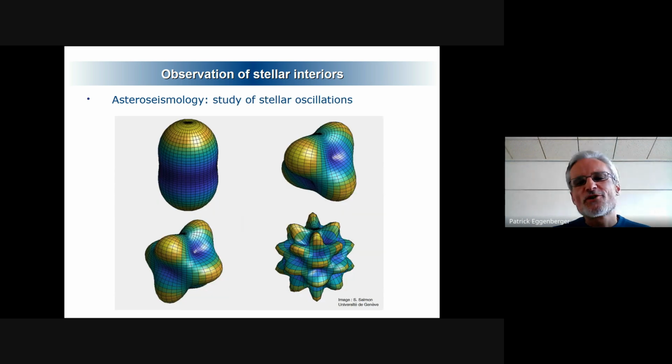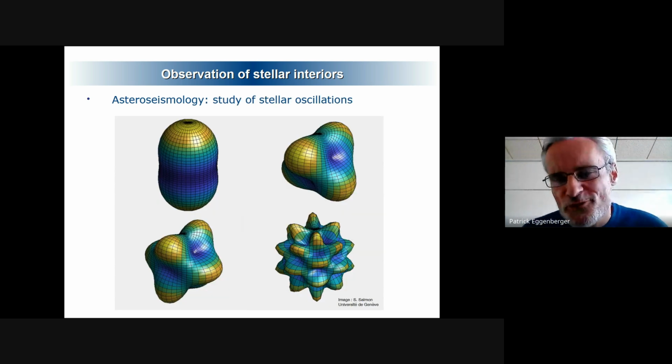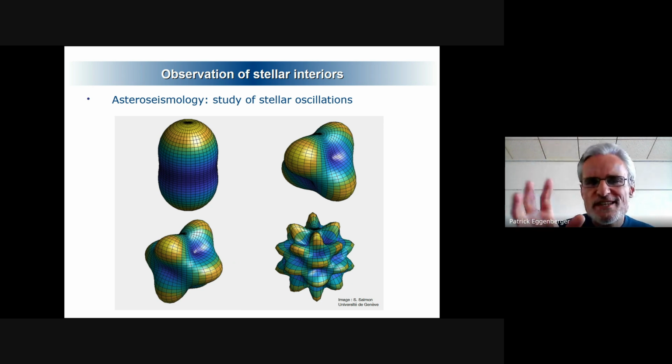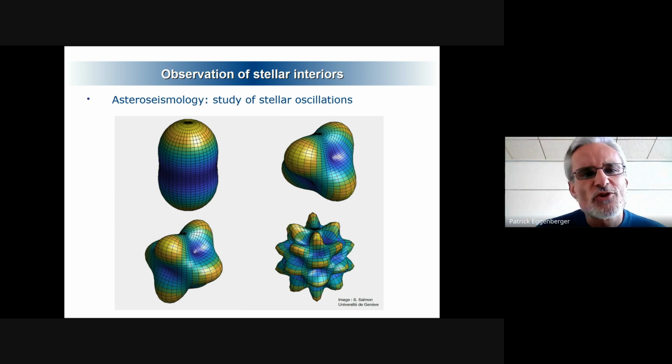But of course, we cannot put detectors at the surface of the star, so we are only seeing the star. And then the idea is the following for asteroseismology. The idea is to see the deformations that are, of course, here largely exaggerated. But due to this motion, you have different oscillation modes.